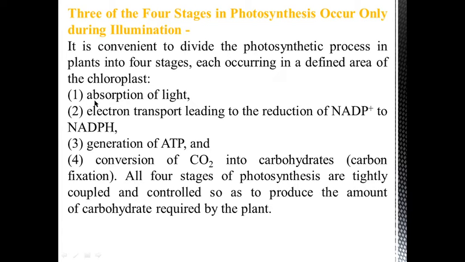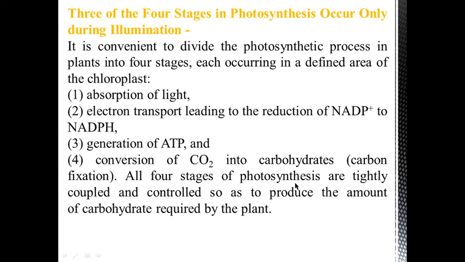Number one, absorption of light. Number two, electron transport leading to the reduction of NADP to NADPH. Number 3, generation of ATP by cyclic and non-cyclic photophosphorylation, and number four, conversion of CO2 into carbohydrates, that means carbon fixation.